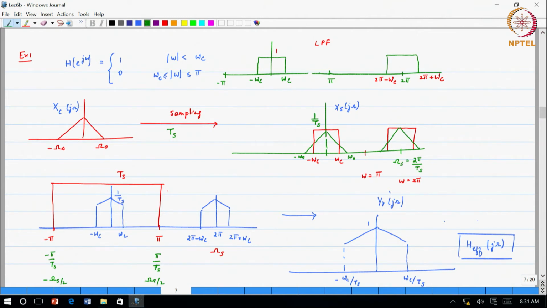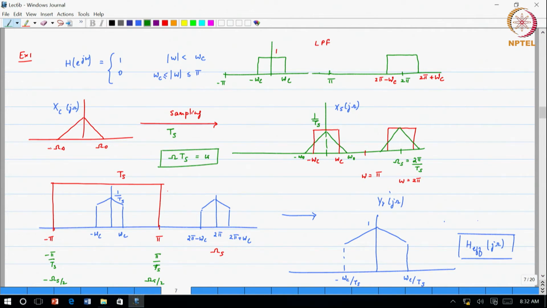Now, what is the condition in the discrete time domain that I do not get aliasing? You understood the question? The process of sampling takes me from continuous time to the sampled domain. The frequencies map based on the relationship omega times Ts is equal to omega. This is the one that maps the relationship.